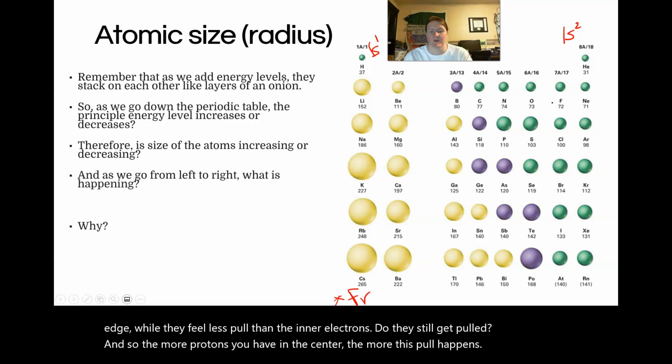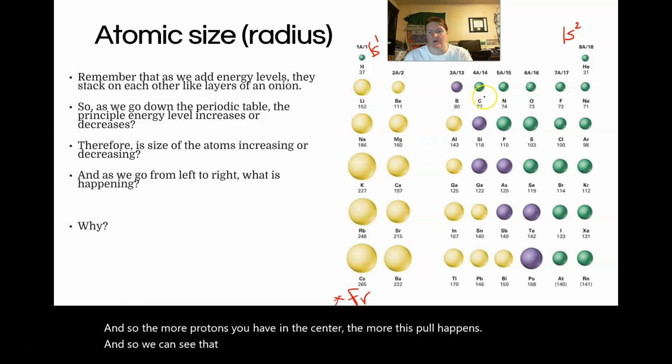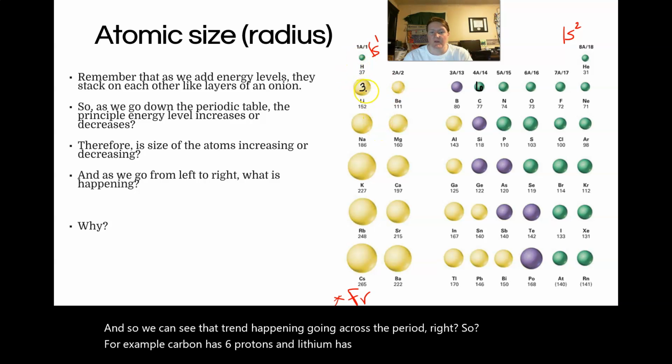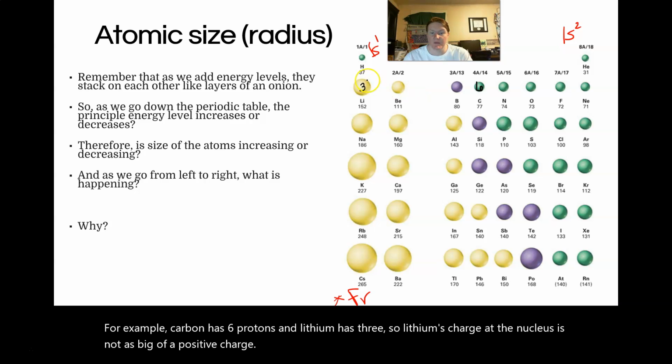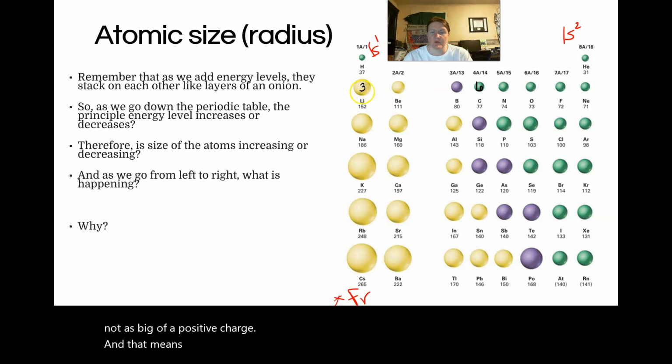And so we can see that trend happening going across the period, right? So for example, carbon has 6 protons and lithium has 3. So lithium's charge at the nucleus is not as big of a positive charge, and that means those electrons have a little bit more freedom to roam around.